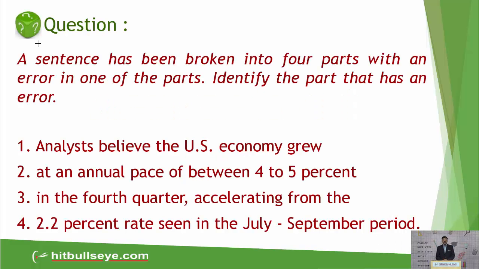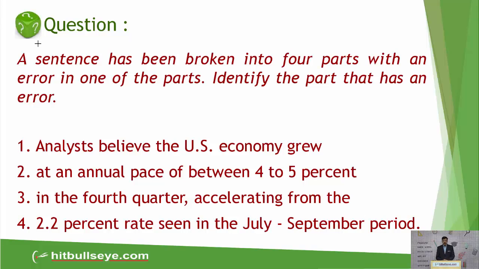Now this question which you can see on your screen is based on sentence correction or the grammar part error. A sentence is divided into 4 parts and we have to pick up the part which is grammatically incorrect. Now if you go through all the sentences, you will find that part 2 of this sentence, option 2, is little out of track because of of and between used together.